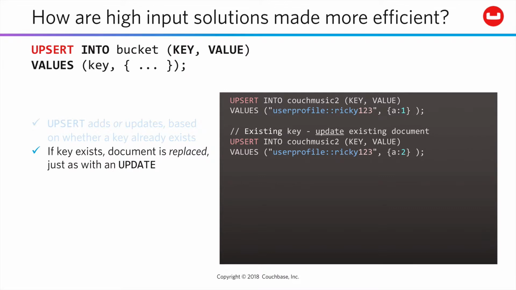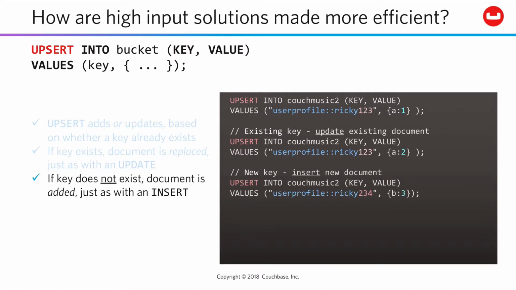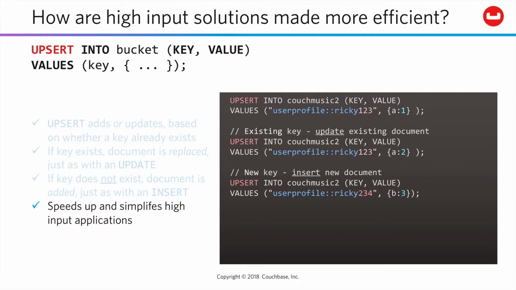With an upsert, if a key exists, the document is replaced. If not, the document is added, just as if you'd performed an insert. The result is higher ingestion speeds and simpler code for appropriate applications.